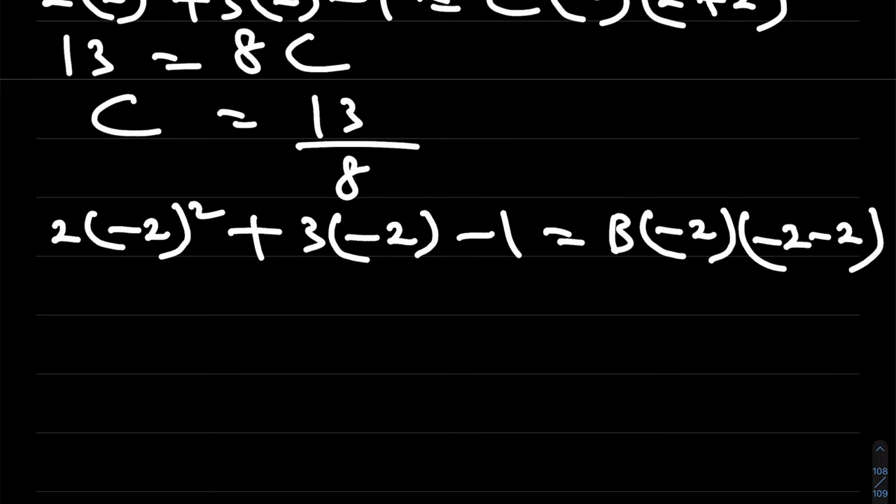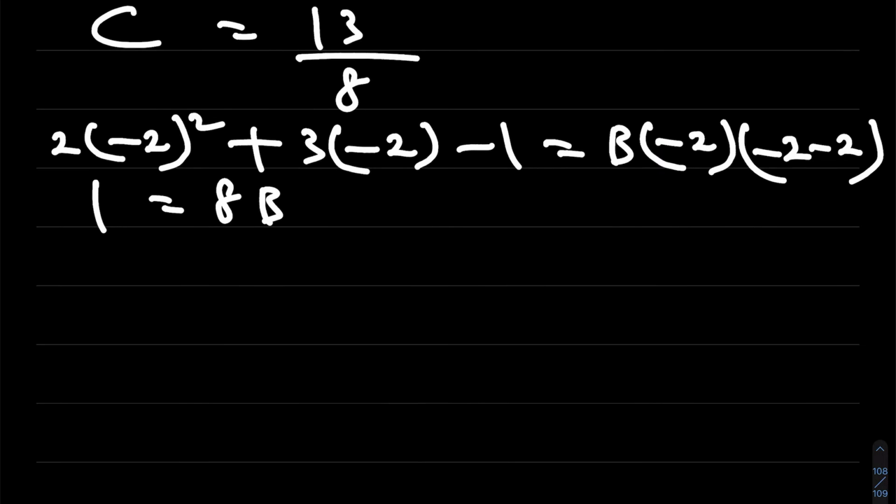The left hand side will be 8 minus 6 minus 1. 8 minus 6 is 2, minus 1 is 1. 1 equals plus 8B. The right hand side will be 8B, and that means B equals 1 over 8.